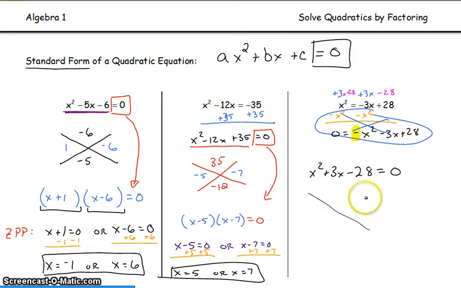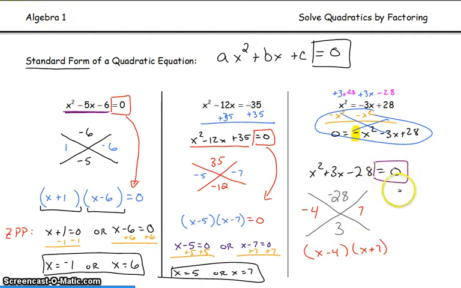Now when I go to factor the expression on the left, I need something that will multiply to negative 28 and at the same time add to positive 3. That winds up being a positive 4. Nope, make that a negative 4 and a positive 7. So my factors are x minus 4 times x plus 7. And just like before, it has an equals 0.